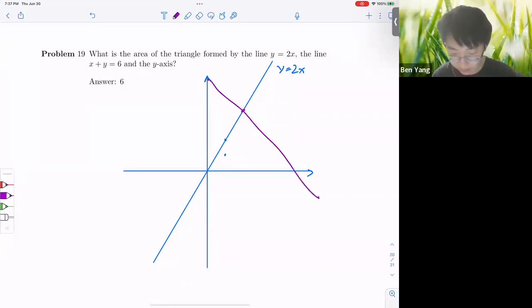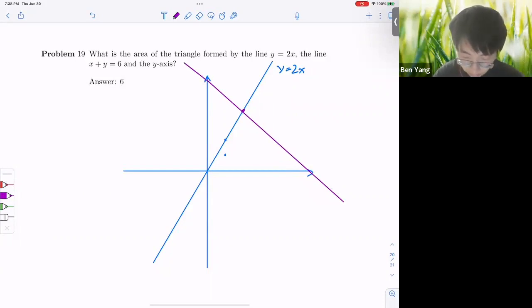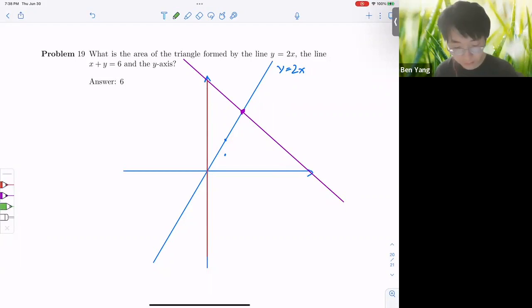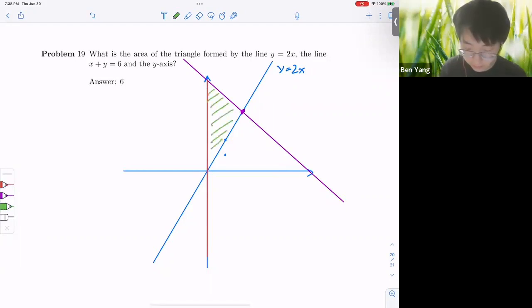Yeah, let's say that's the line. And also the y-axis right here. Cool. So they do form a triangle right here. Want to find the area of this triangle.